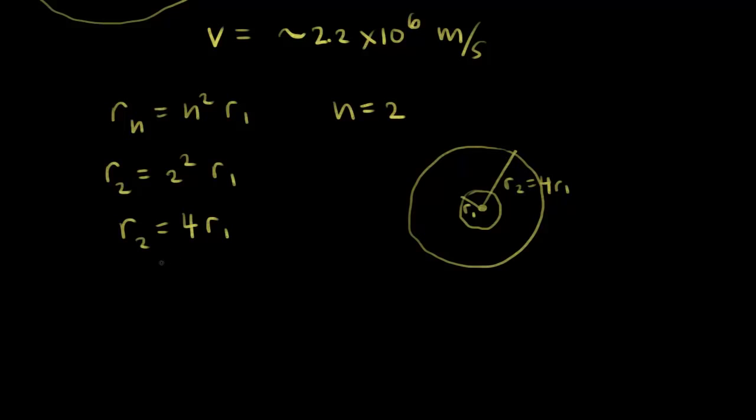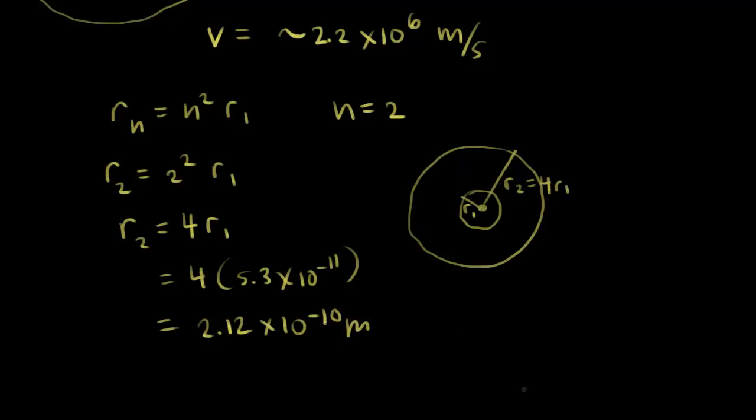We could figure out mathematically what that's equal to, because we know r1 is equal to 5.3 times 10 to the negative 11 meters. If you do that calculation, 4 times that number gives you approximately 2.12 times 10 to the negative 10th meters. So this is our second radius, when n is equal to 2.